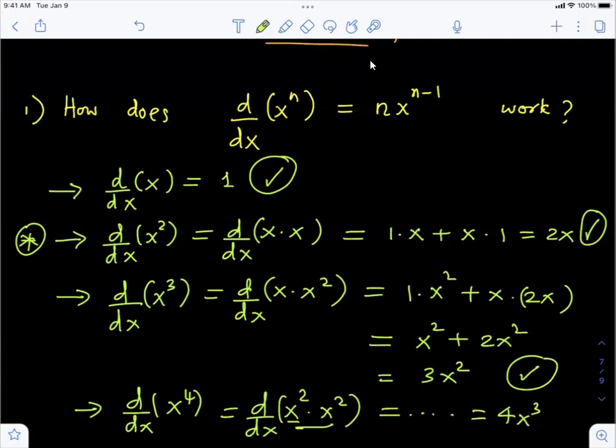This particular process is called mathematical induction. There are different methods in mathematics to establish mathematical statements. One particular method is called mathematical induction, and that is just like climbing an infinite stairway.